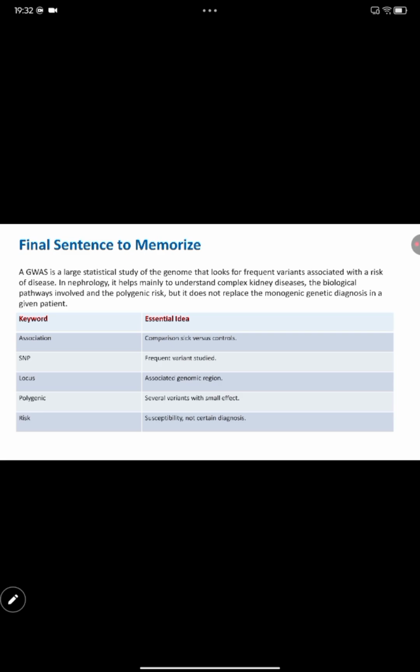The 5 keywords to remember are association, meaning the comparison of patients versus controls; SNP, which is the common variant being studied; locus, which is the associated genomic region; polygenic, meaning multiple variants with small effects; and risk, which means susceptibility rather than a definitive diagnosis.